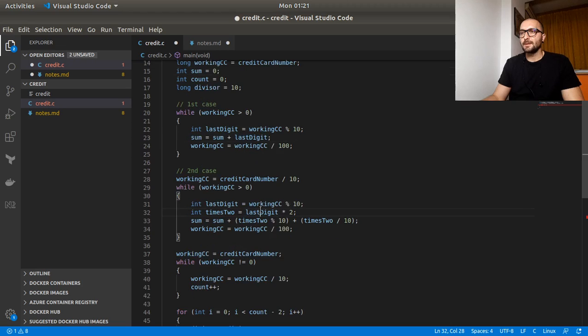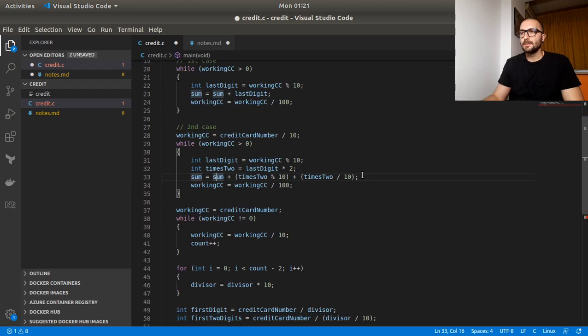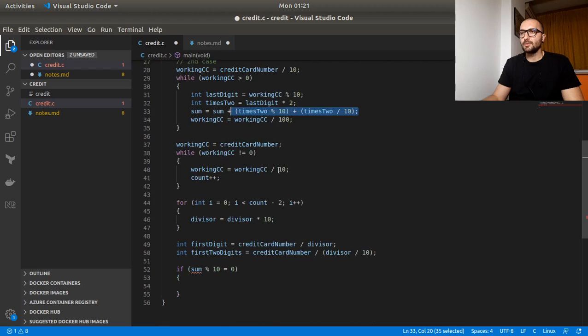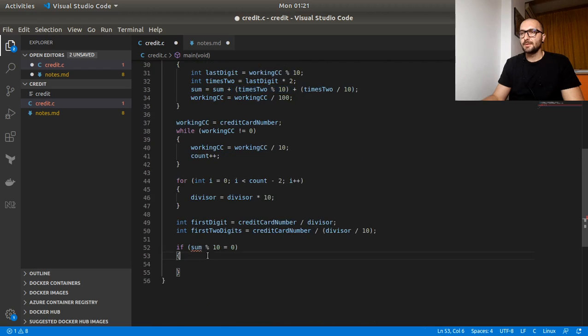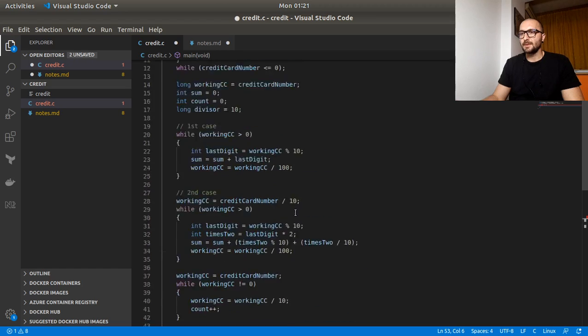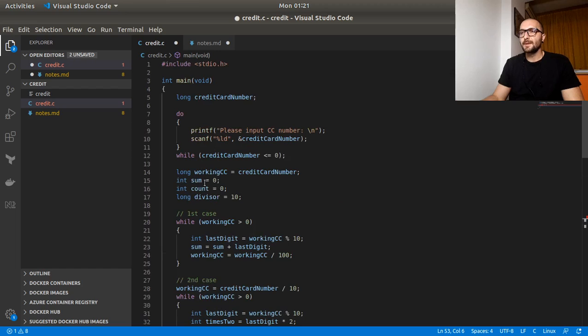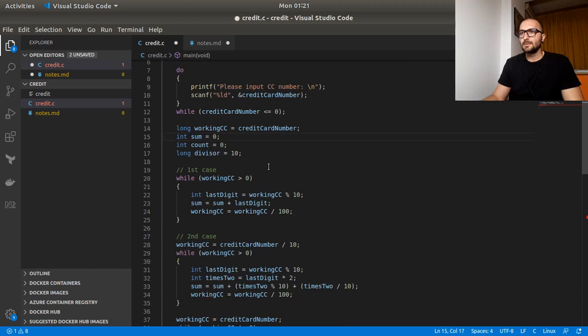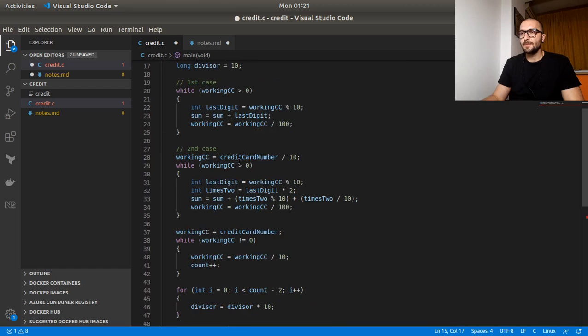Here we had the last digit. Here we had the last digit multiplied by 2 in our checks. So what's wrong here? Especially must be a modifiable lvalue. Not sure what this is. I think we're missing something, but what? Okay, sum. So we actually initialize it here with 0.